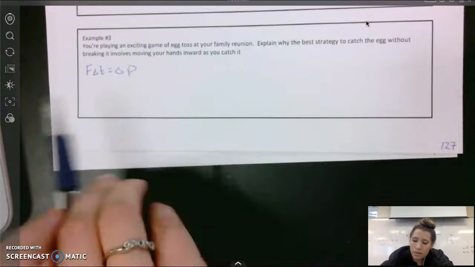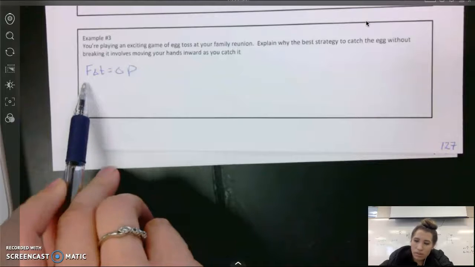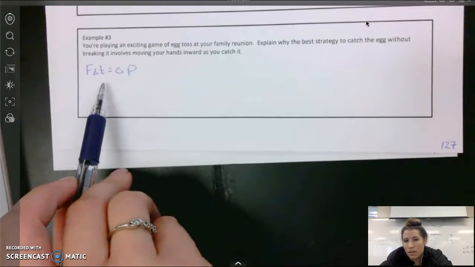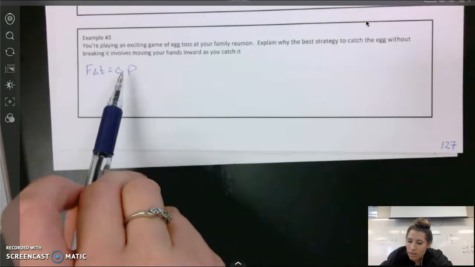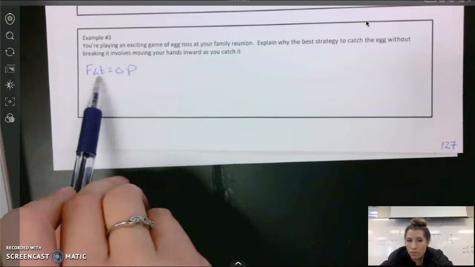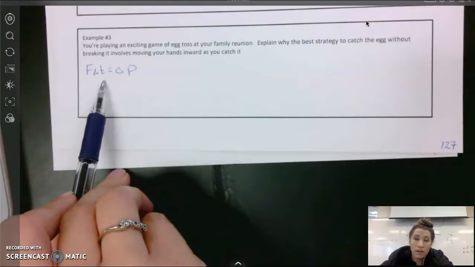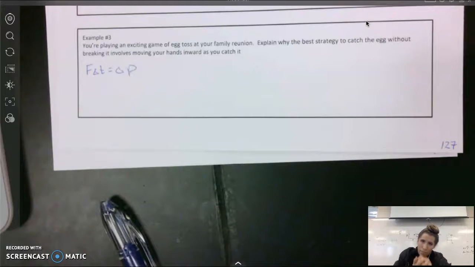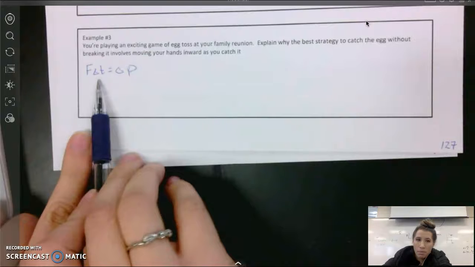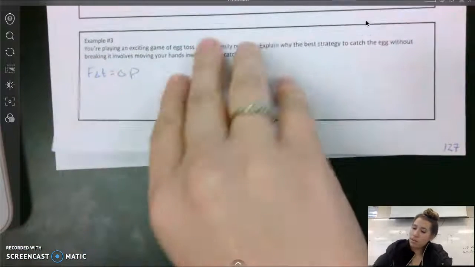And so this whole component's not going to change, but we can adjust what portion is force and what portion is time. So we could have the same change in velocity or momentum if we have a large force over a short amount of time, or a small force over a longer period of time. And so that's the advantage of when you're catching it, pulling your hands back, because you're extending the amount of time, which means you're reducing the force that's on the egg, and so it's less likely to break.